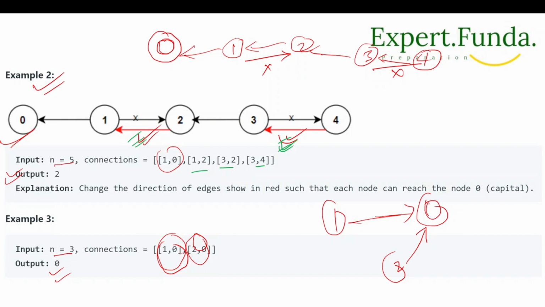So if we use an original edge to move from parent to child, we need to flip this edge. So whenever we encounter such an edge, we will increment our answer variable by 1, and we will distinguish between original and artificial edges in many ways. Many different ways we have.